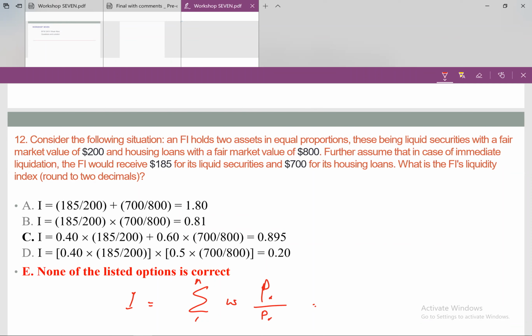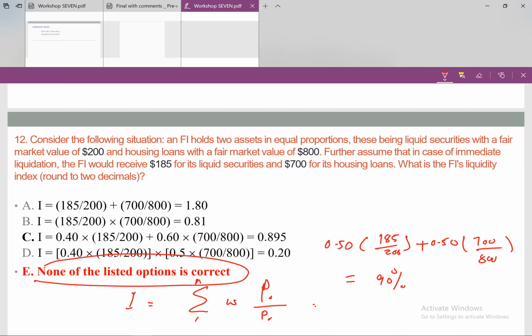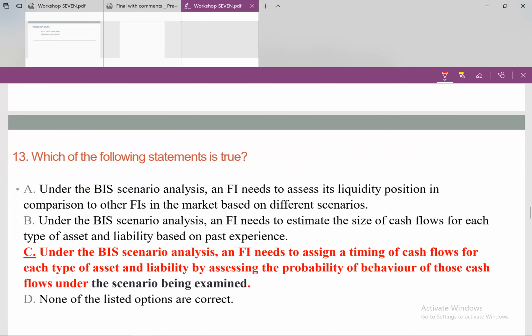And according to my calculation, it's 0.50 plus 0.50, and this one is times 185 over 200 plus 700 over 800. And this will make it 90%. And so it's none of the... I think I have only one more calculation. No more calculations here.